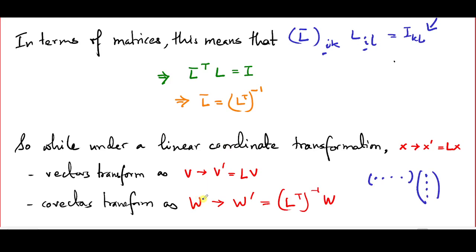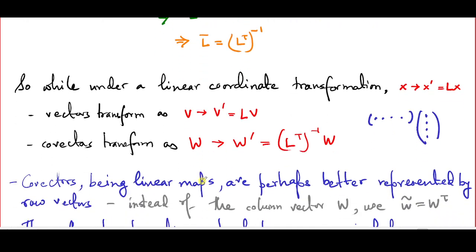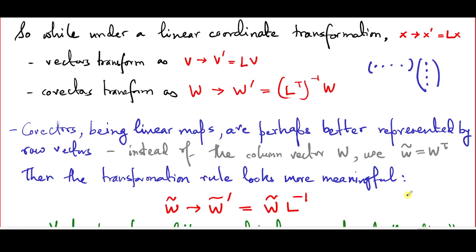So instead of w, the column vector, you could have used w transpose. Let's call that w tilde. And if we were to use that to represent our covector, then the transformation rule becomes a lot more meaningful.